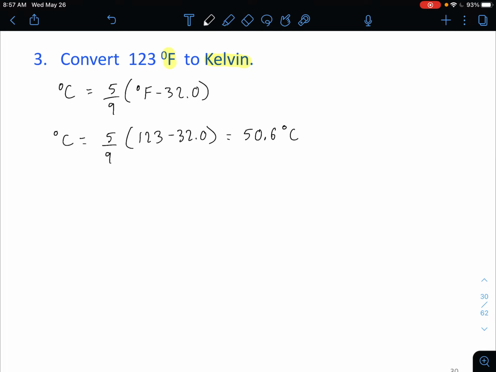I'm not being very cautious with rounding yet, just because we haven't talked about it, but we'll get there. And so now I want Kelvin, right? And Kelvin is Celsius plus 273.15. So it's going to be 50.6 plus 273.15.